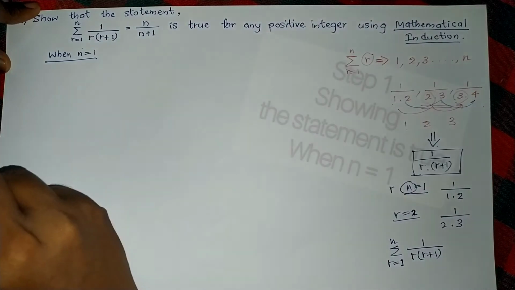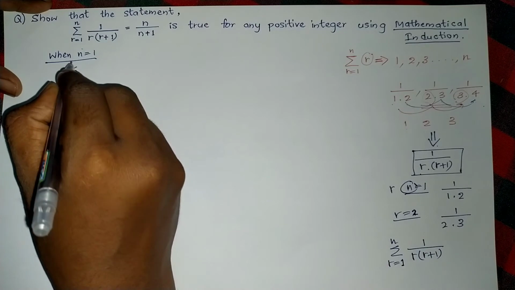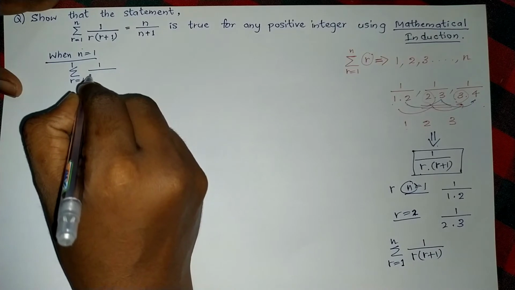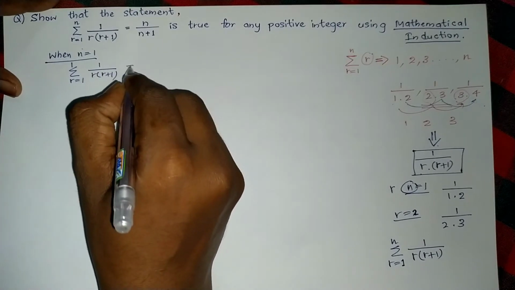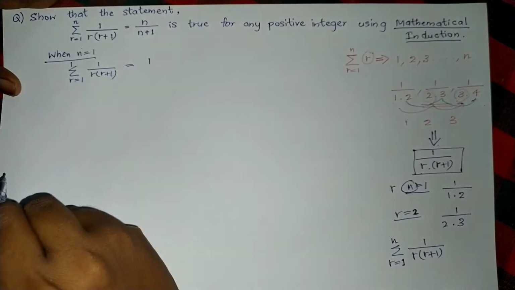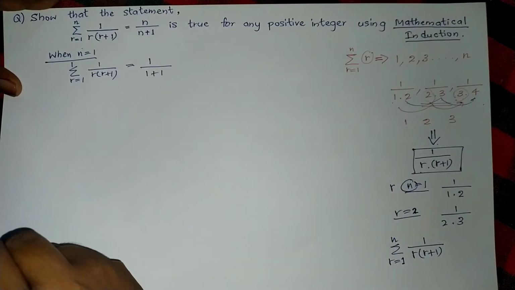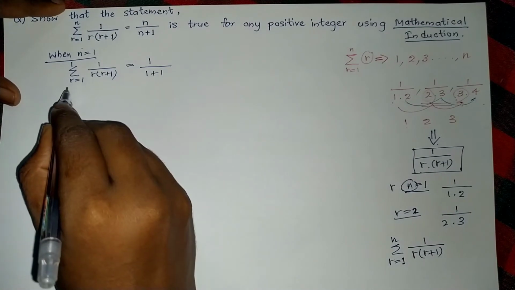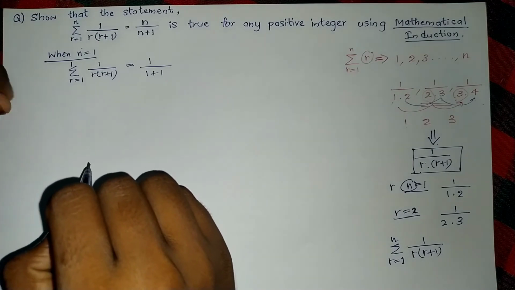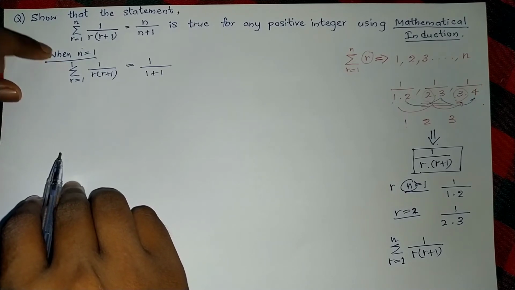So when n equals 1, the statement becomes sigma r equals 1 to 1, because n becomes 1, of the common term 1 over r into r plus 1. Sigma r equals 1 to 1 means we have to consider only the first term, starting from 1 finishing at 1, so we have only one term.